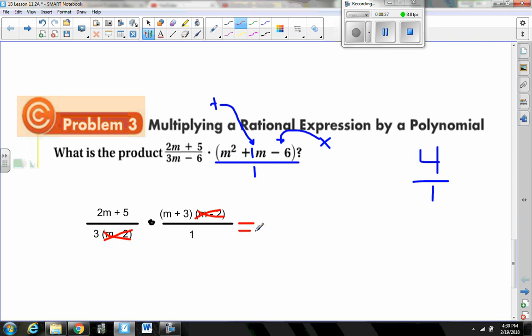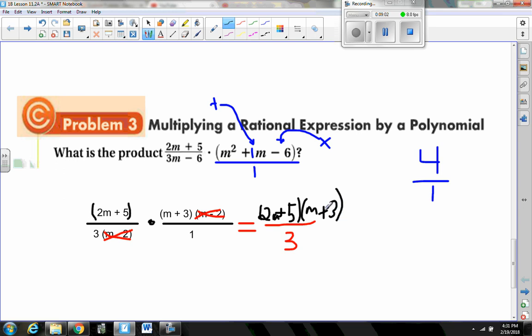Now you ask yourself, what's left on the bottom? Well, 3 times 1, that just gives me 3, and then on the top, this 2m plus 5 is in parentheses, and this m plus 3 is in parentheses, so I will write down 2m plus 5 in parentheses, and then in parentheses m plus 3.